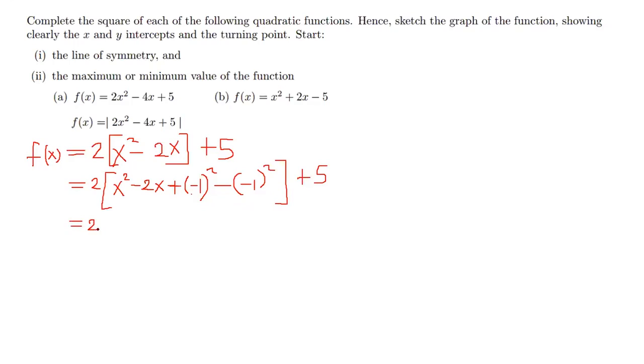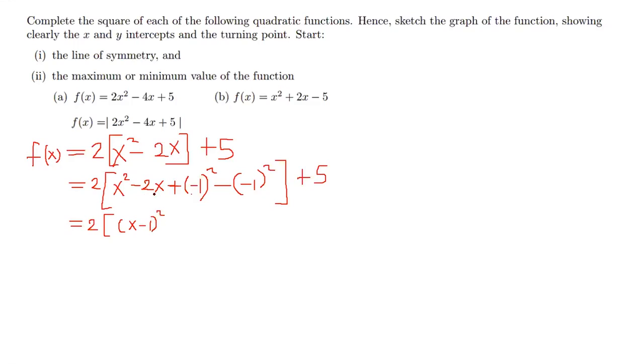So I'll write my 2 outside like that, and then I'll open the brackets. So I'll get rid of this negative 2x. How? By combining x squared and negative 1. So I'm going to combine x and negative 1, and then I'll square everything.